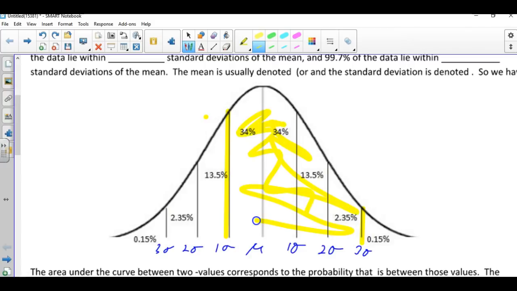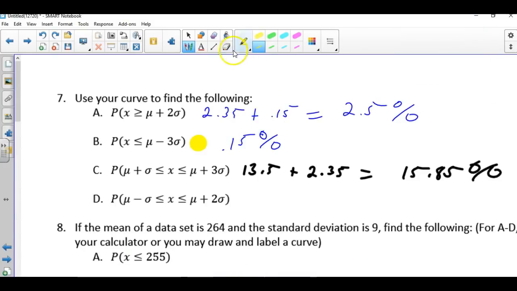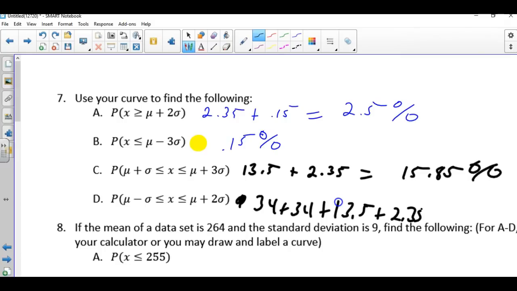So 34 and 34 is 68. 34 plus 34 plus 13.5 plus 2.35.